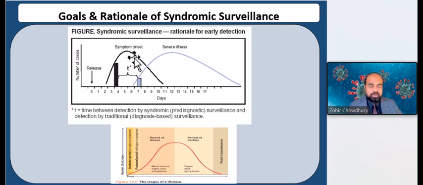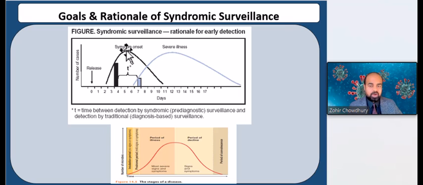Because you are looking for a specific set of syndromes, as soon as you see enough cases of those symptoms arising, even when no specific illness has been diagnosed in general or laboratory samples analyzed, just the set of symptoms occurring together can give you a signal.